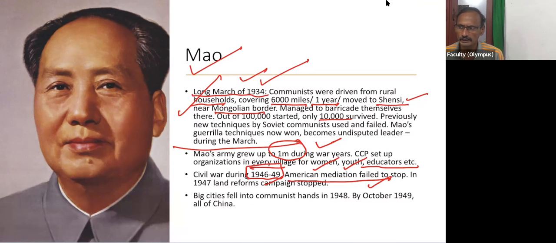Americans were in touch with Mao, and they didn't want to lose China to Russia, but they never took a stand in favor of the communists and against the nationalists, though there were some American diplomats who favored that position.